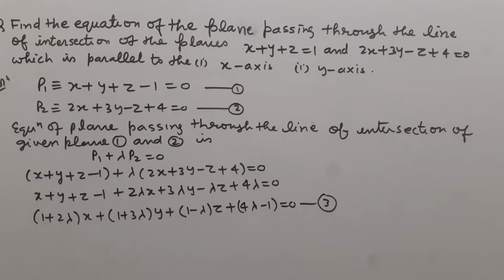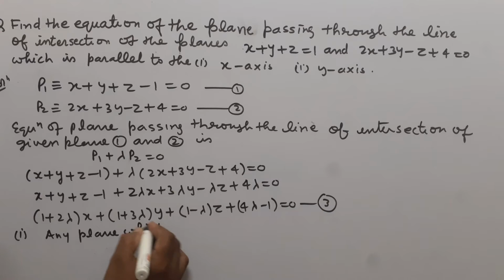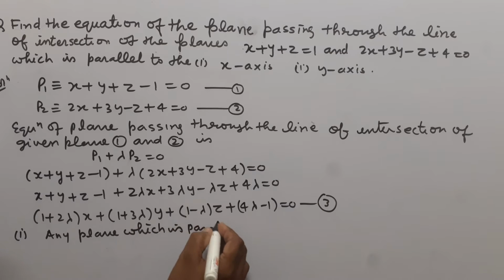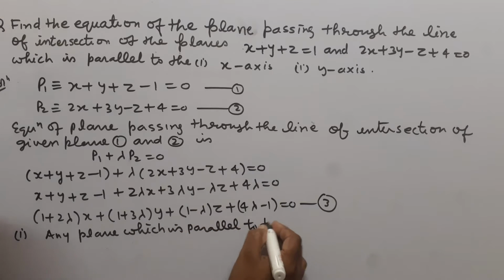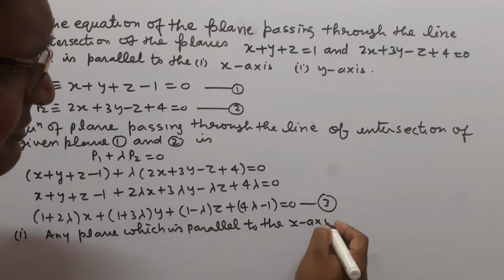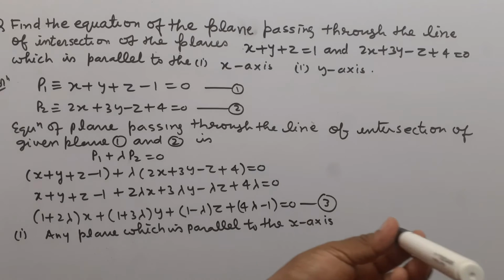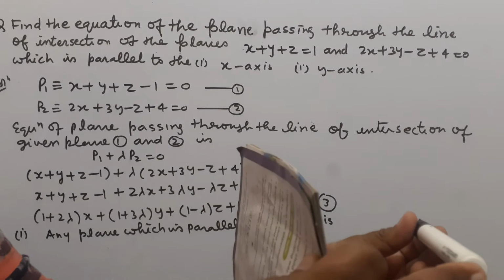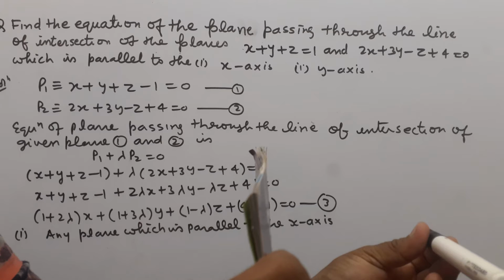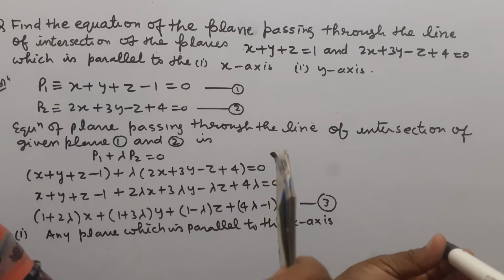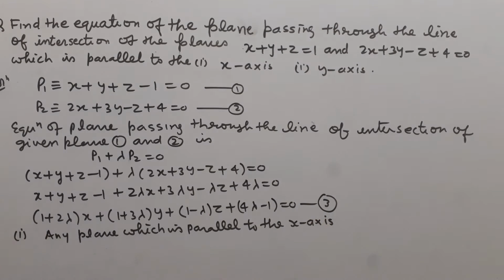Here we have to find the equation of the plane which is passing through the line of intersection and also parallel to the x-axis. So first we know that any plane which is parallel to the x-axis, suppose that this is the x-axis and here the plane, so this x-axis is parallel to the plane, so this required plane is perpendicular to the yz plane.